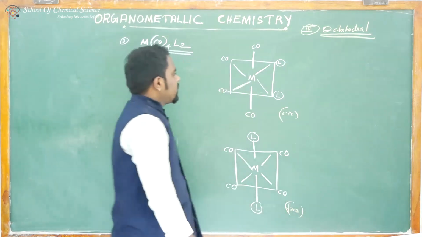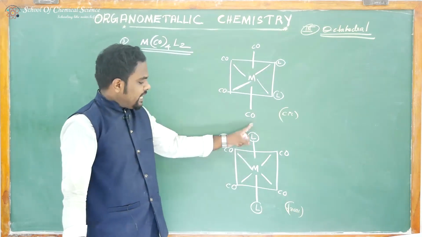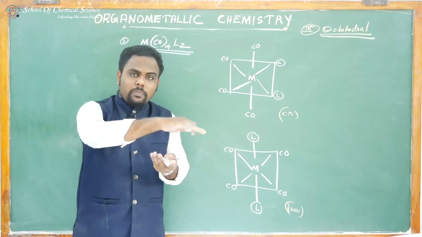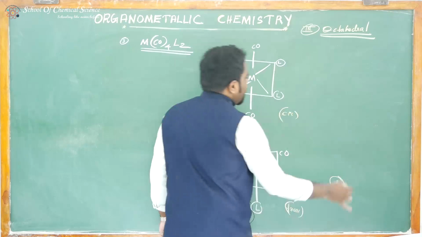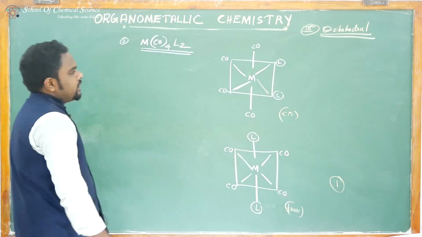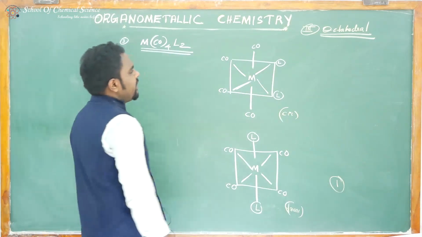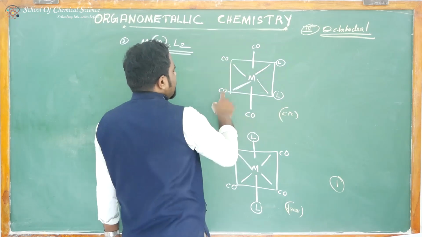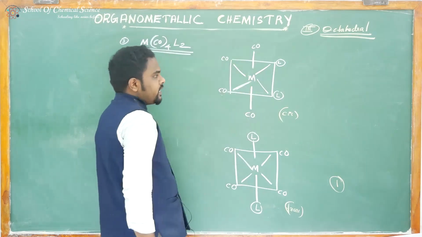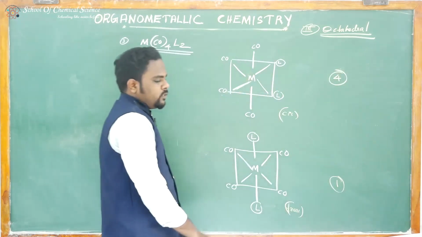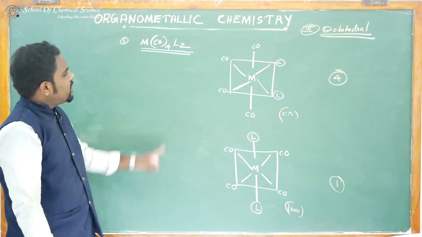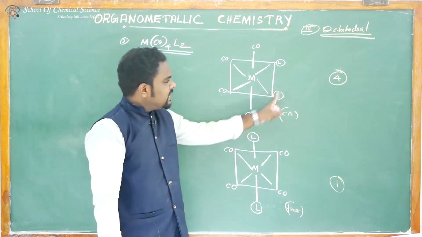What is the number of signals for this trans arrangement? L and L are trans, the square plane is symmetrical, so only one IR band. Then this cis is not at all symmetrical. Here CO is a bend, CO is a bend, so it can be treated as 2 bends. 2 bends means 4 signals. So MCO4L2 cis is 4.